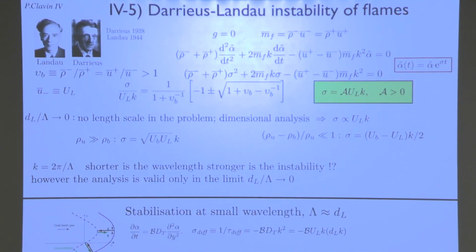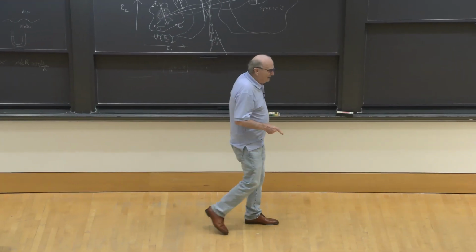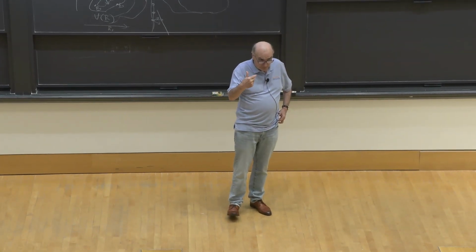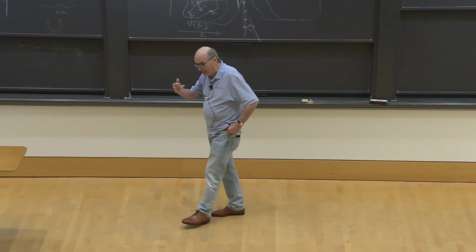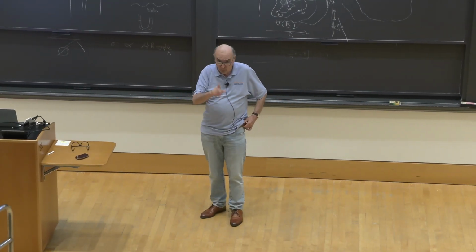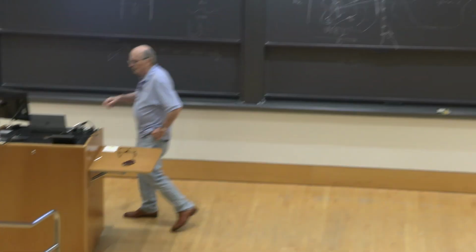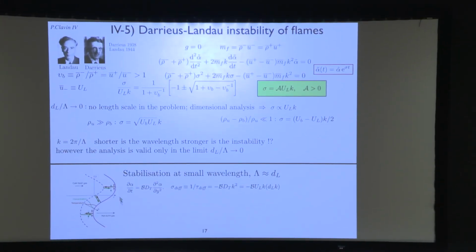Now I'll give you just a simple consideration to make you understand how, taking into account the flame structure, you are going to stabilize, because it could also be the opposite. I will show you later on. But for the moment, assume that there is a flux in the transverse direction.